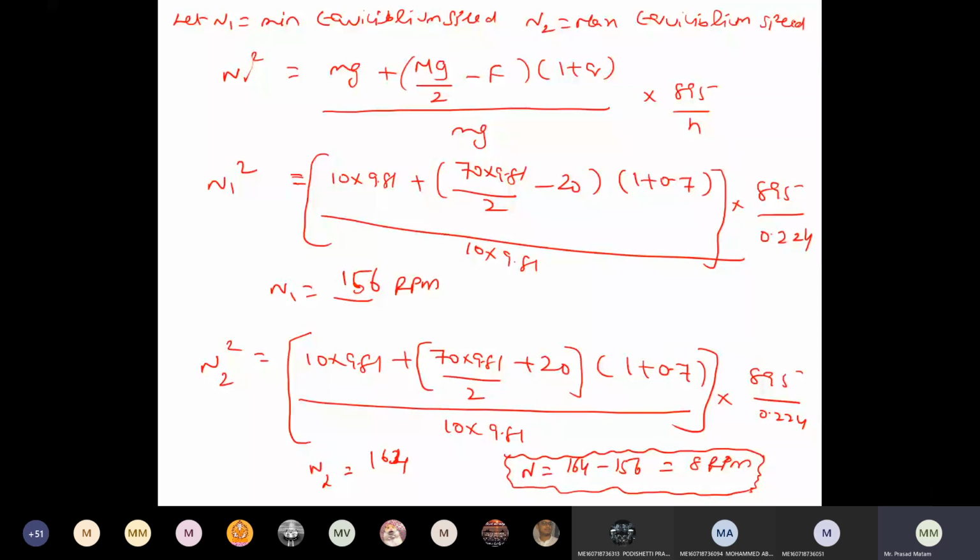Maximum plus minimum by 2. So I'm not having any changes, only I'm changing with the F. If frictional force is a negative value, I'm getting the minimum equilibrium speed. If this frictional force is a positive value, I'm getting the maximum equilibrium speed. Got it? For one condition, I'm adding the frictional force, and for one more condition, I'm reducing the frictional force. From these two, I'm getting the maximum speed and minimum speed.